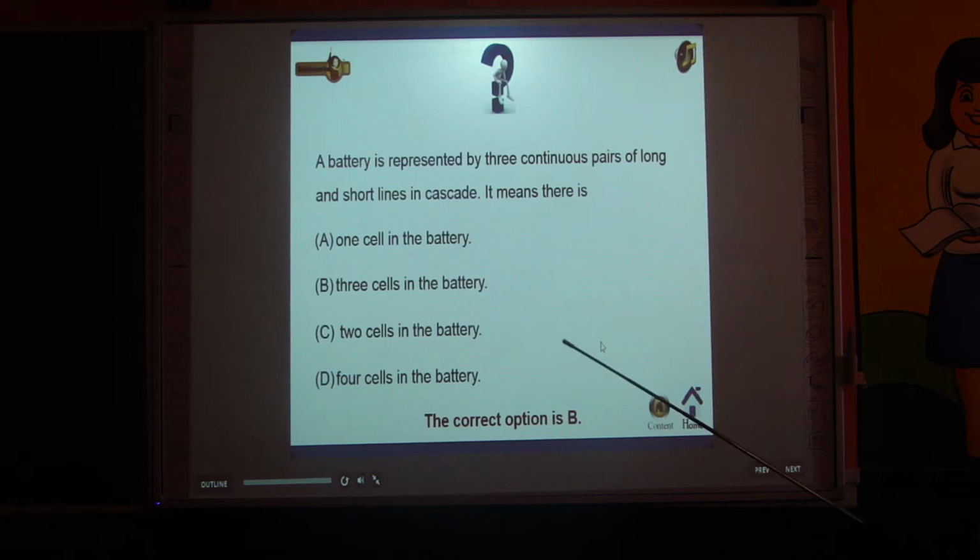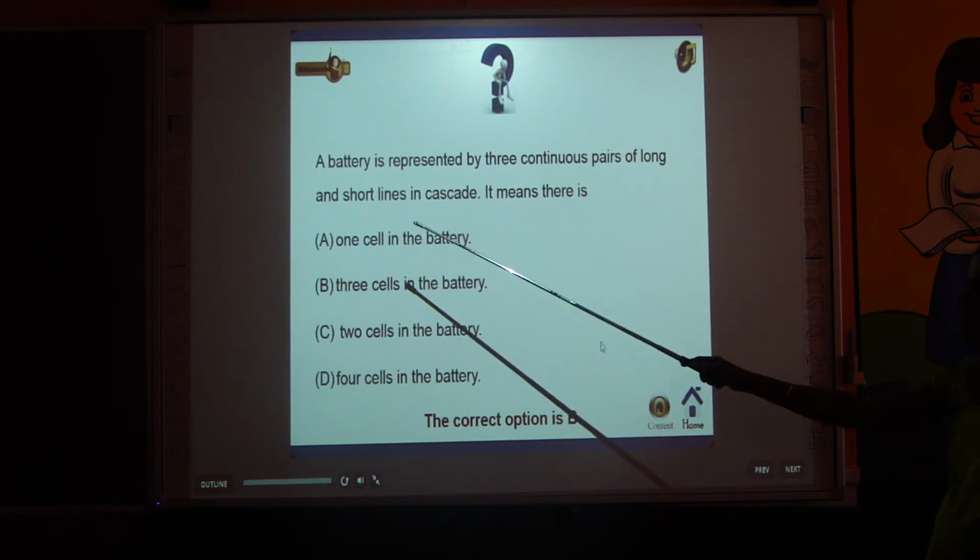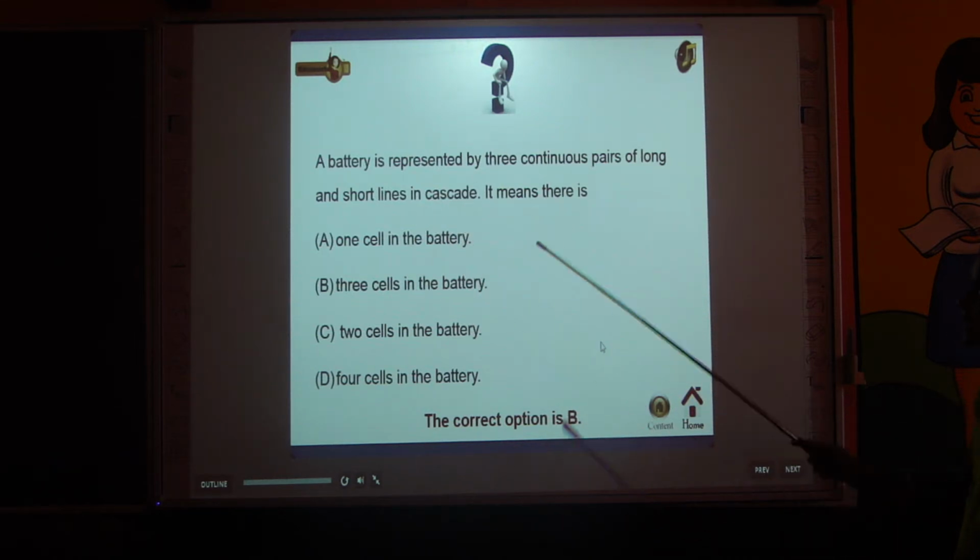See, a battery is represented by three continuous pairs of long and short lines in cascade.